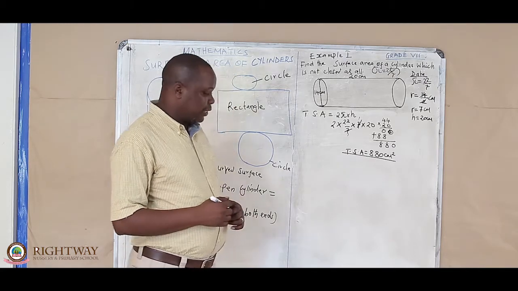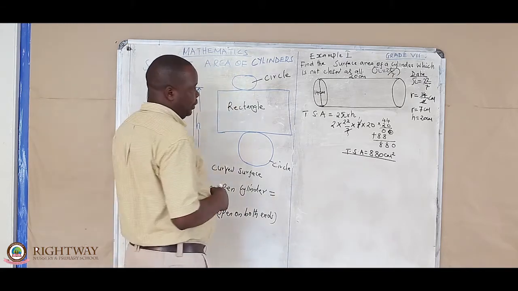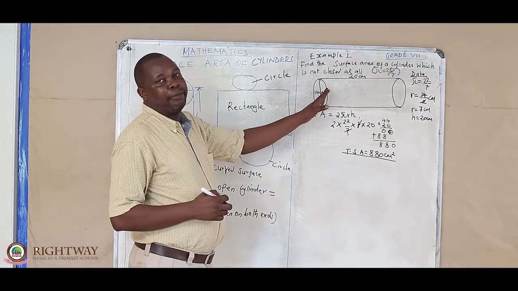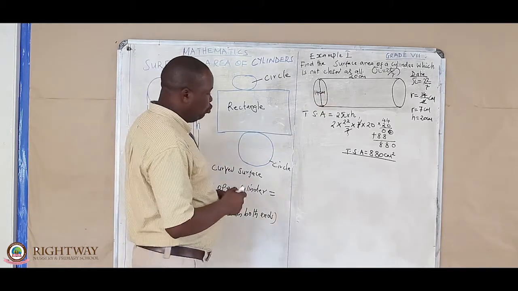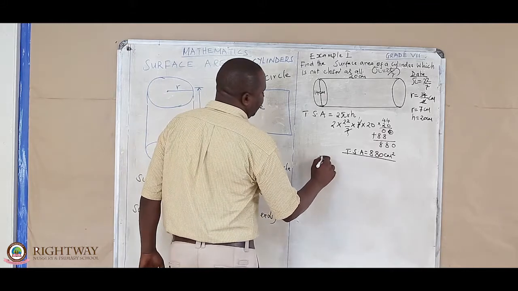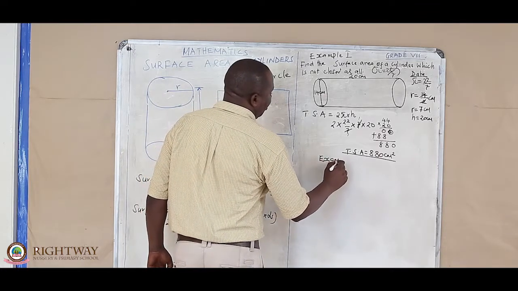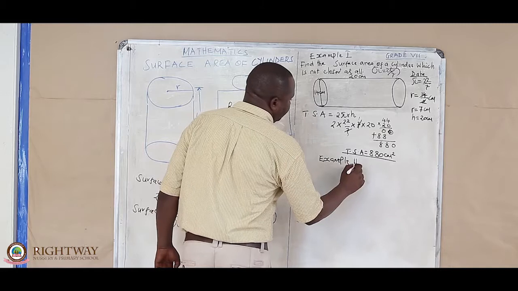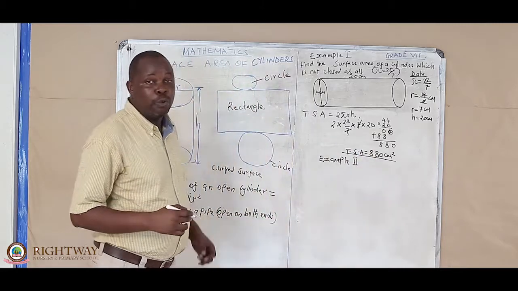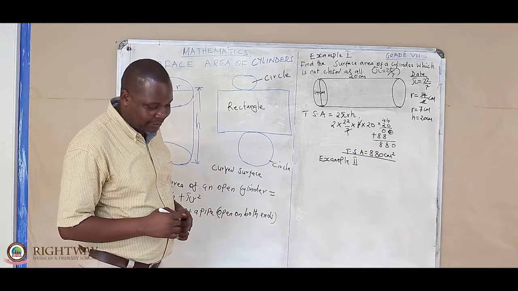Let's see another question. This one we have dealt with a pipe. Let's see example 2. In example 2, we are going to deal with a cylinder which is open on one side.